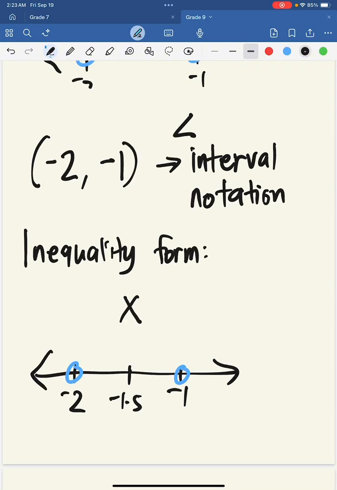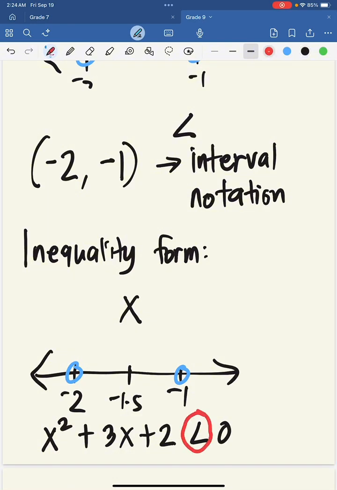Now going back to our given quadratic inequality, which is x squared plus 3x plus 2 is less than 0. As you can see here, we just used the less than symbol. So when you write it in inequality form, we get x is greater than negative 2 and x is less than negative 1.